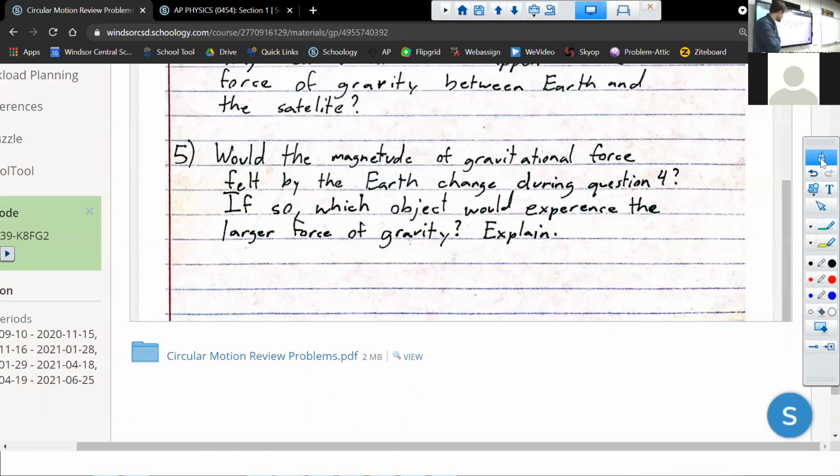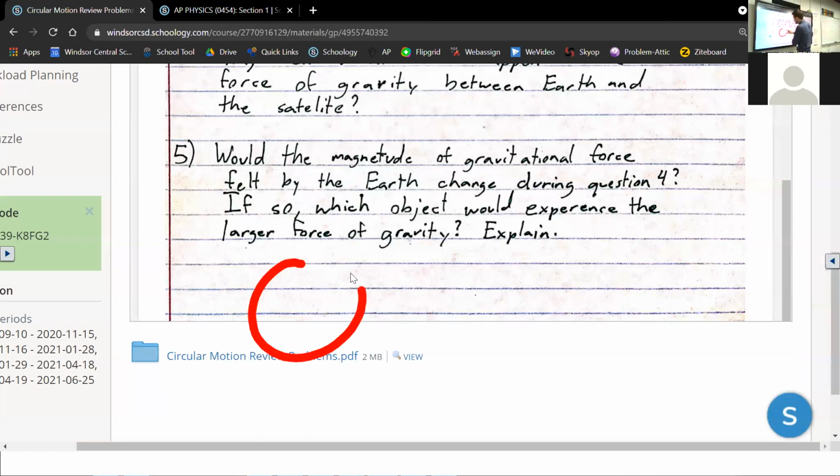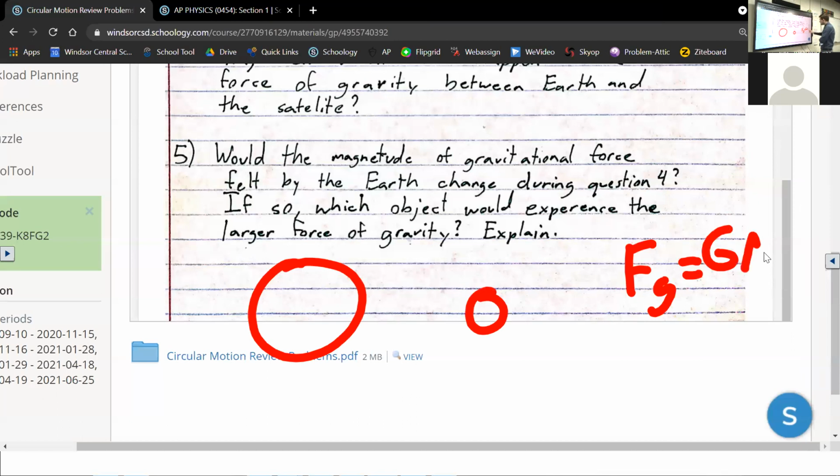The answer is yes. It did change because when you calculate force of gravity using this equation, which one are you calculating force for? The big M or the little m? It's both. They're interchangeable. It doesn't matter.